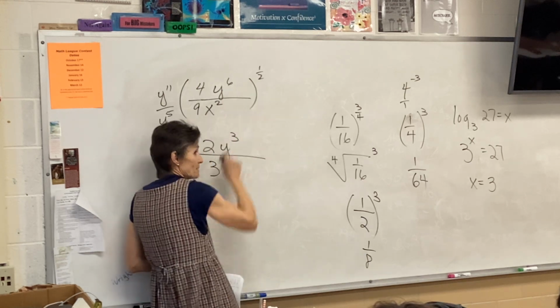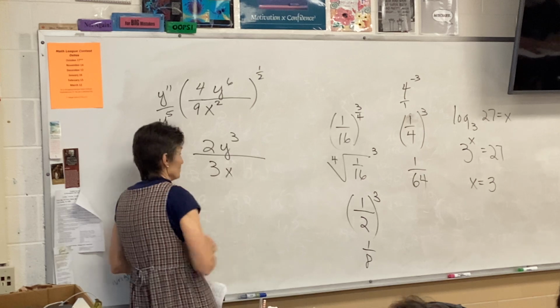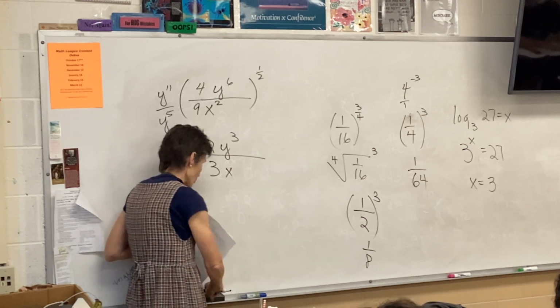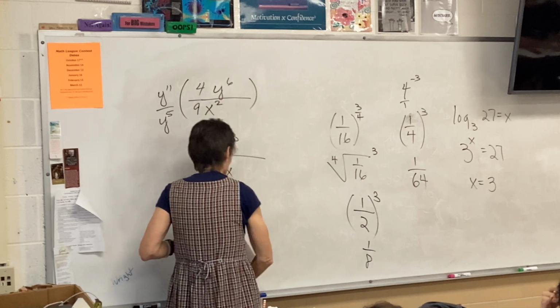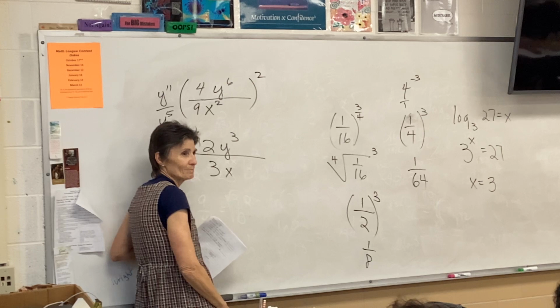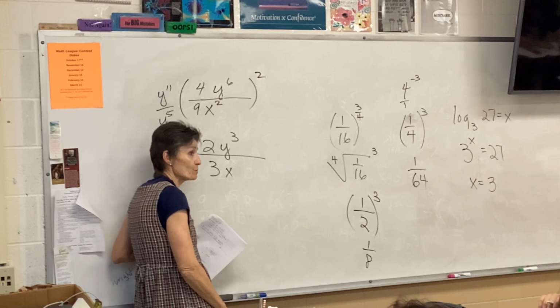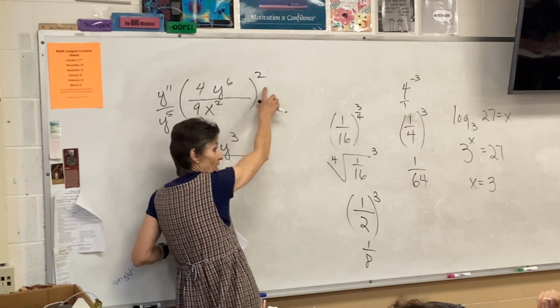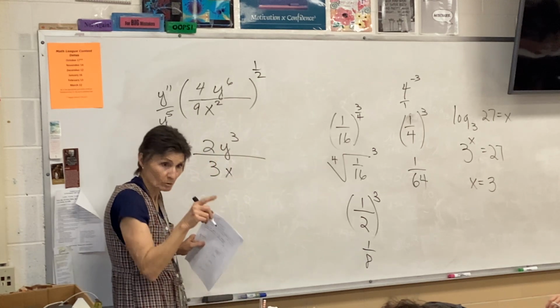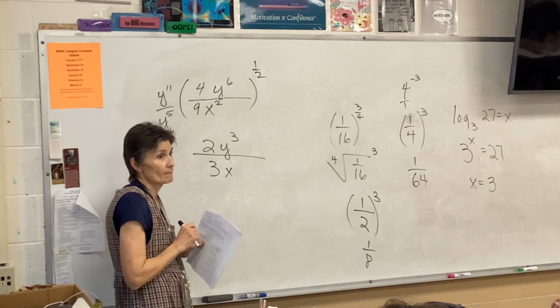And what's 2 times 1/2? There it is. Before you get confused, if that were 2, you would all tell me that's y to the 12th. You multiply those exponents. It doesn't change because it's a fraction. You still multiply the exponents.